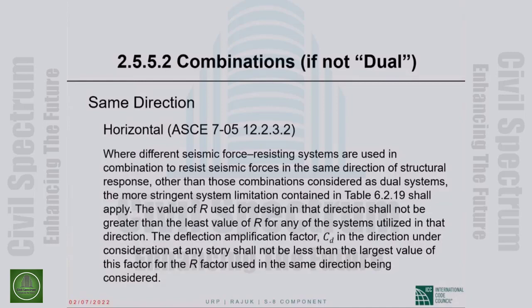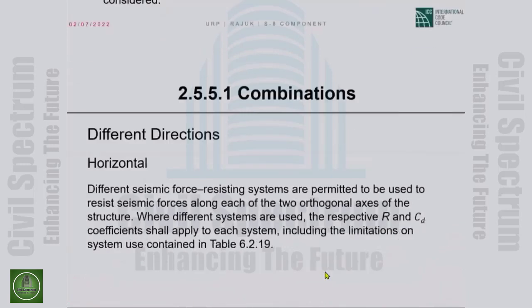In that case, you shall take the larger C sub D or the largest C sub D for that same R value. If you have 3 systems strung together that have the same R value, but the C sub Ds are different, you will take the largest C sub D. Okay, so this is a little bit of a tricky language.